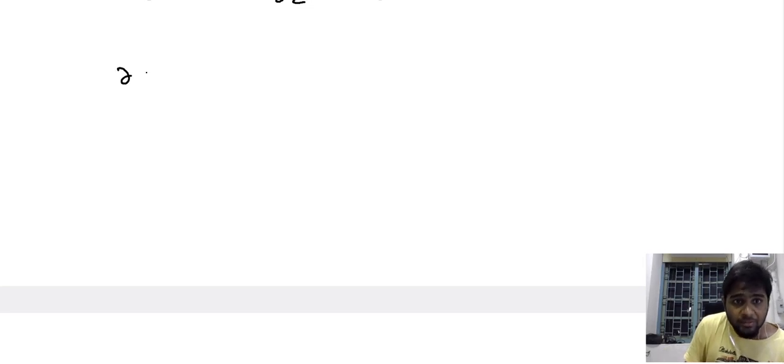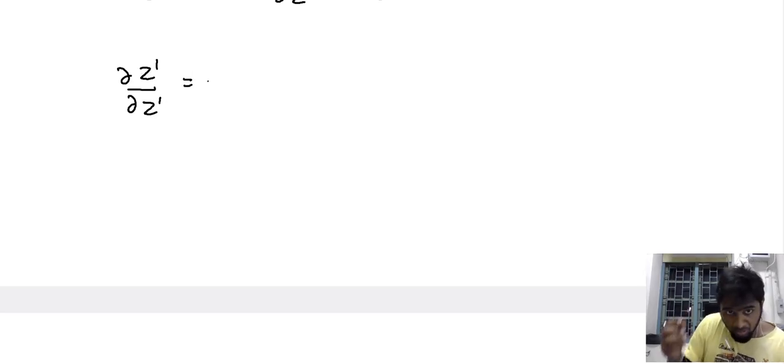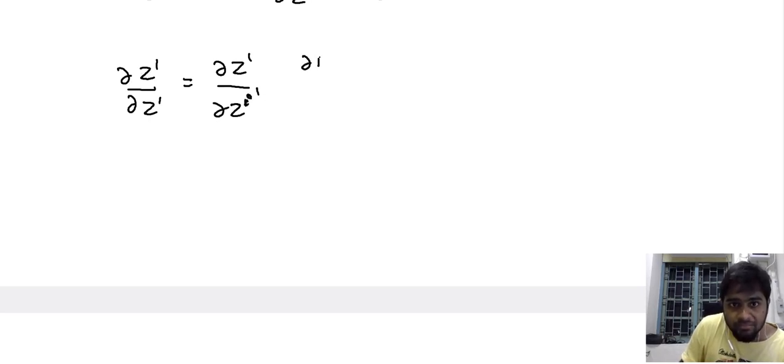So far we have considered 3 partial expressions, 3 PDEs. When you consider the partial derivative of z1 with respect to z1, according to the Einstein's convention, this can be written as partial derivative of z1 by z i prime, and partial derivative of z i prime by z1, so z i prime at the bottom and at the top.